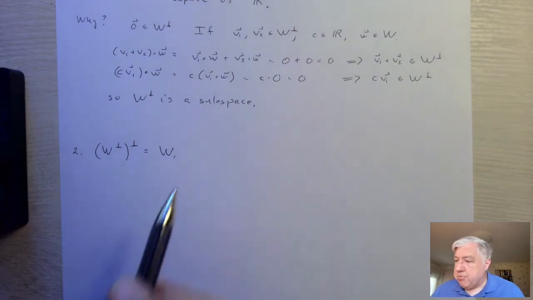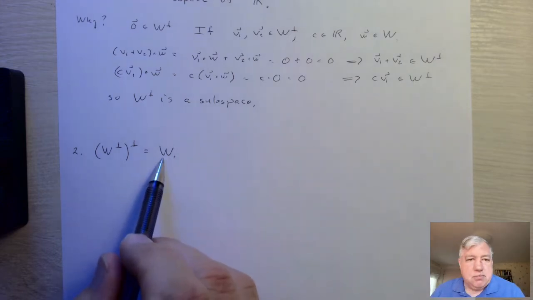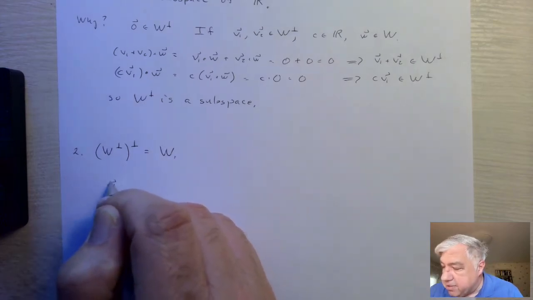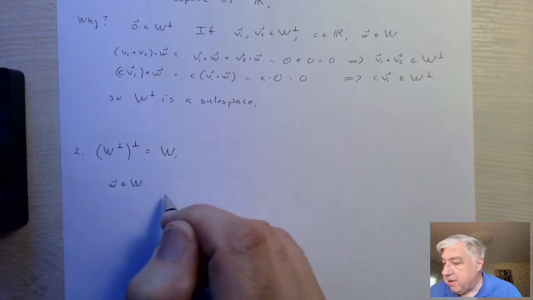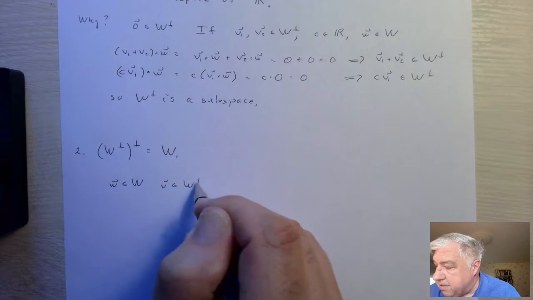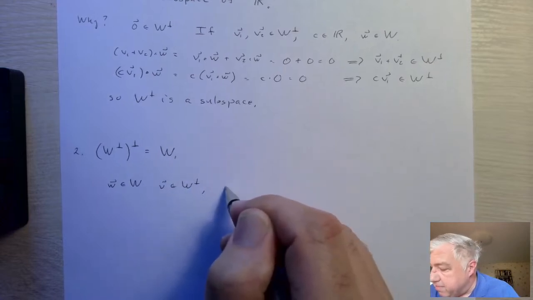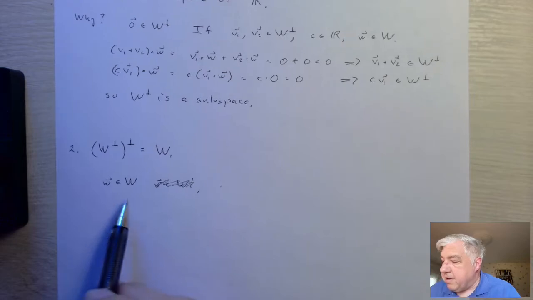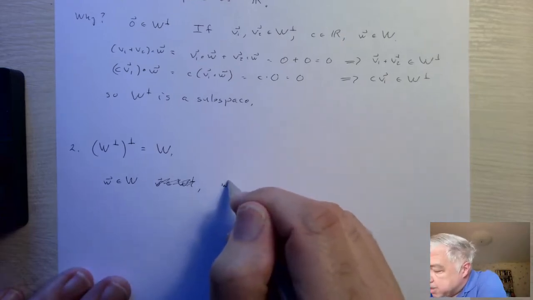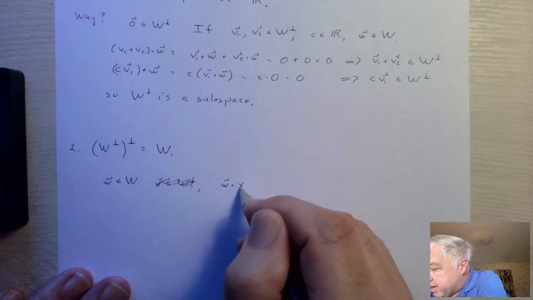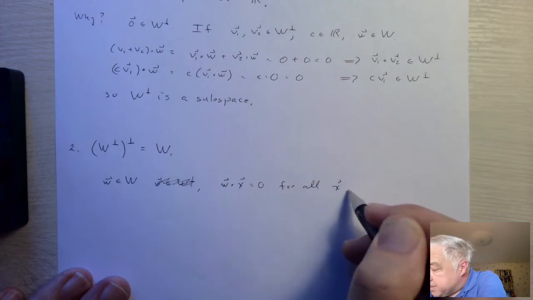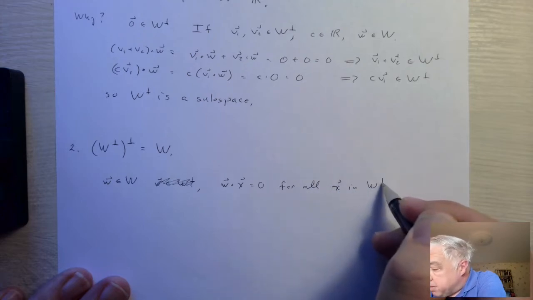Now, to show this, we can certainly see that W is contained in here. If little w is in big W, then little w dot x is equal to 0 for all x in W perp.